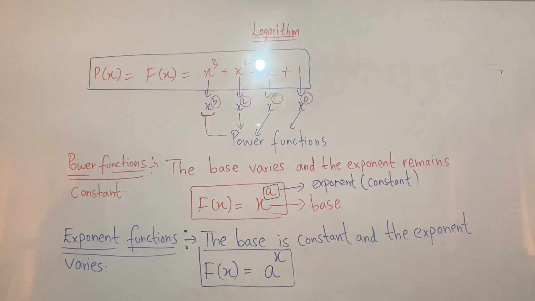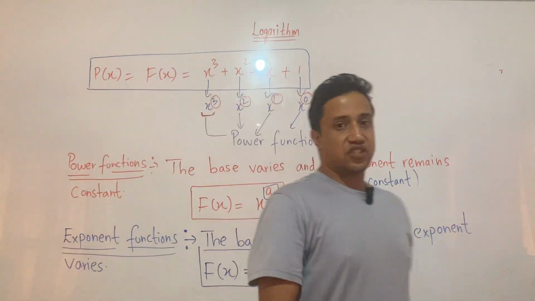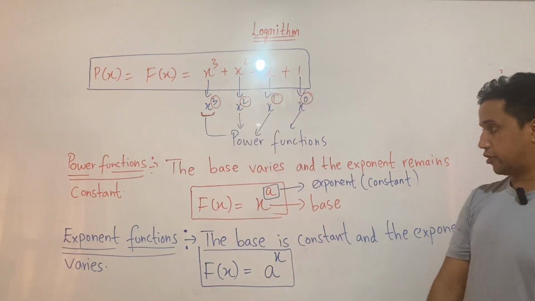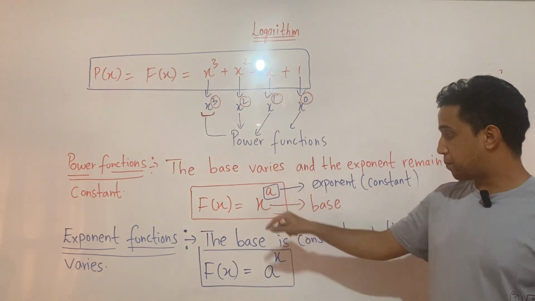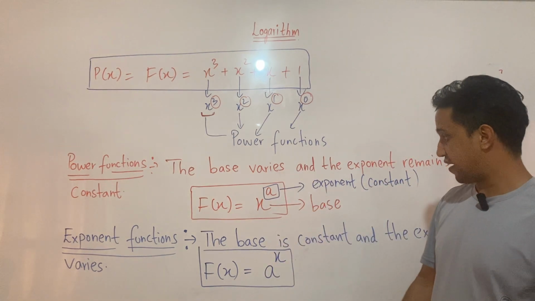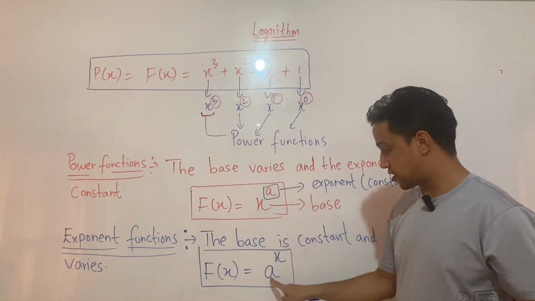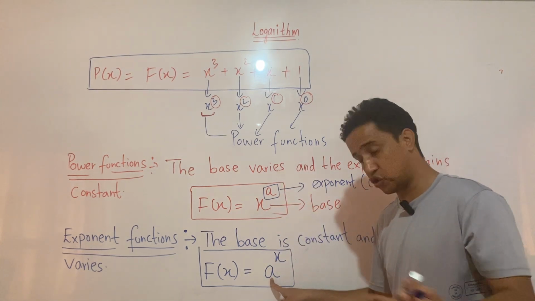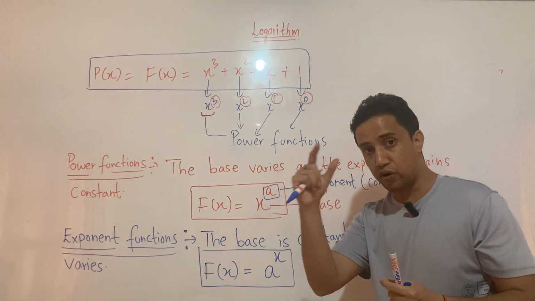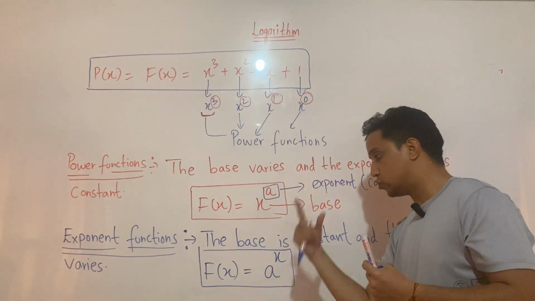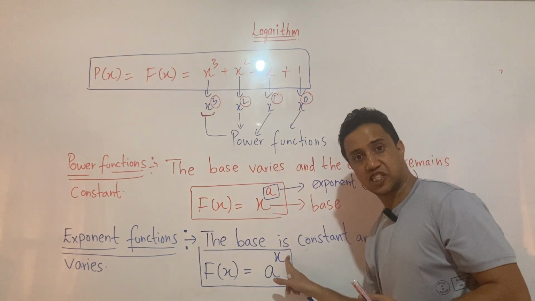Now, if you look at this function and compare it with the power function, you can see that here the constant part comes to the base and the varying part, or the variable part, goes to the exponent, right?